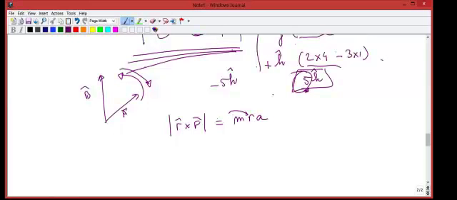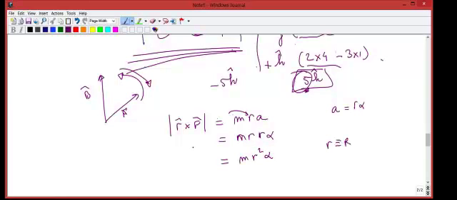But remember what A was with respect to alpha. A was R alpha. Therefore, M R R alpha. Which means that this weird bugger, R cross F, is M R squared alpha, where my little r was the same as my big R.